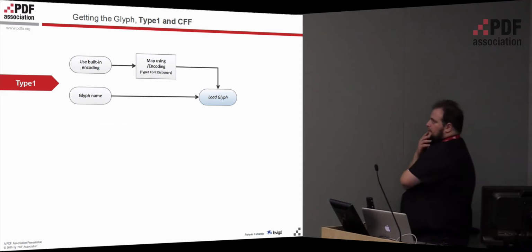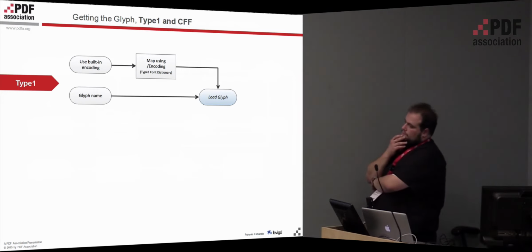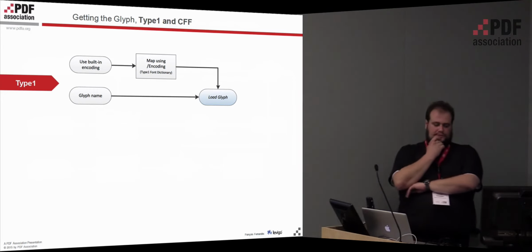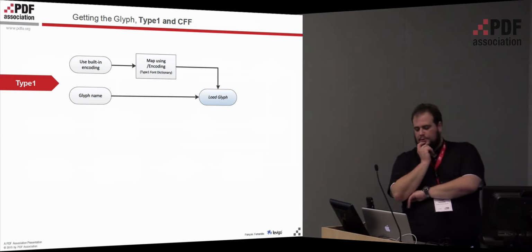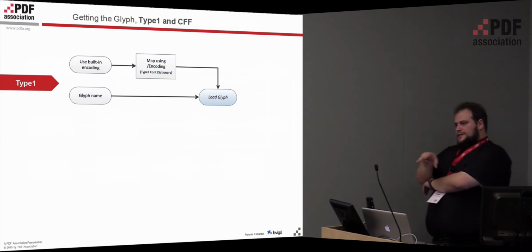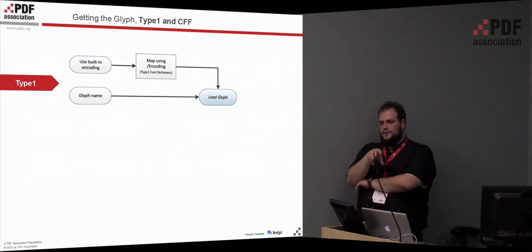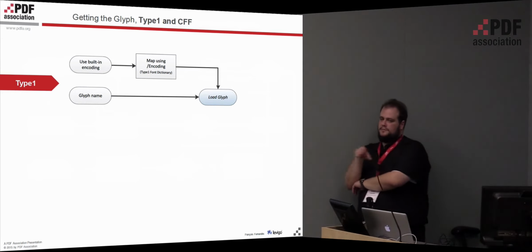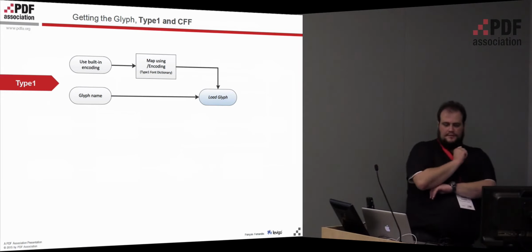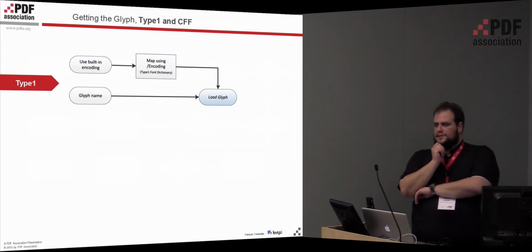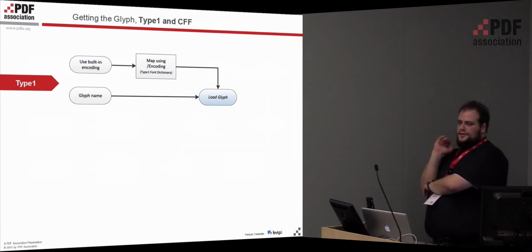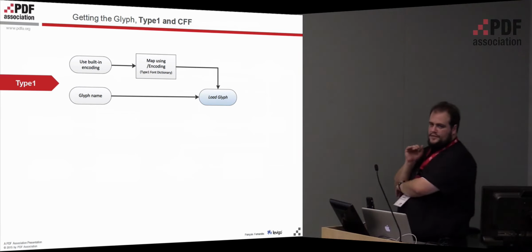So let's look at how to obtain glyphs for Type 1 and CFF. In the stages before, we've seen that we have, in most cases, a valid mapping to some kind of glyph name. If not, our fallback is to use the built-in encoding, which is basically the encoding entry in the font itself.